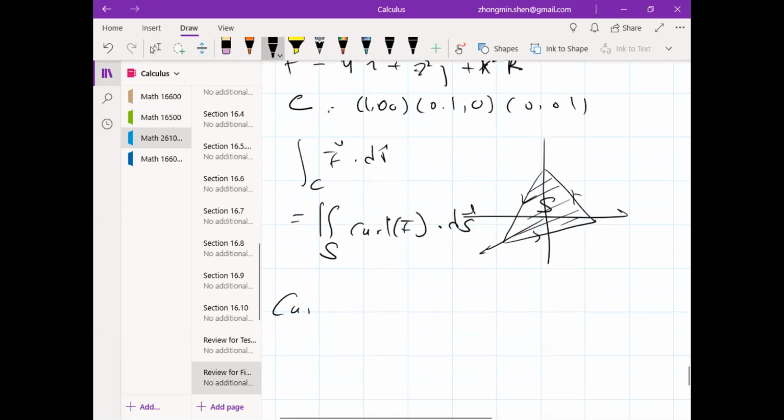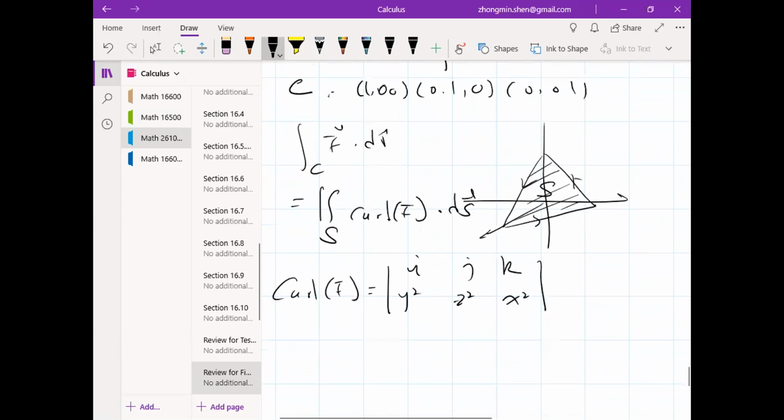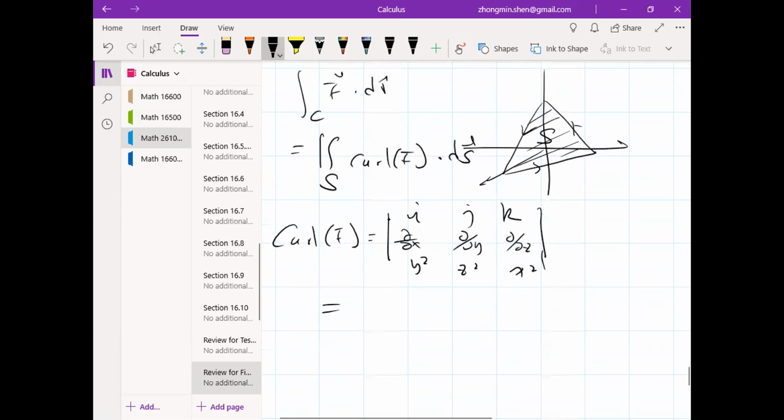The curl of the vector field is going to be the determinant with i, j, k, partial derivatives, and y squared, z squared, x squared.